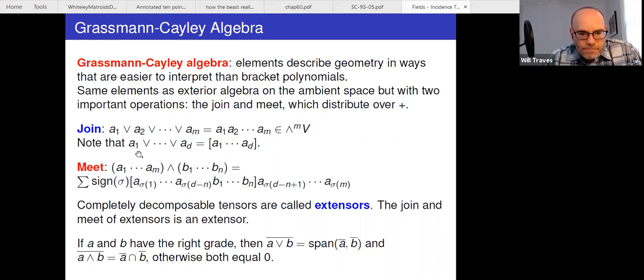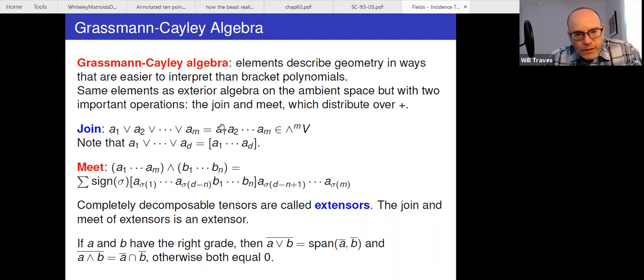If you took the join of D vectors, and V was D-dimensional, then the wedge product of D vectors is the same thing as the determinant of the D vectors. So that's why this makes sense for the bracket. But there's a second operation called the meet, which is a bit more complicated, and I'm not going to go into the details of it.